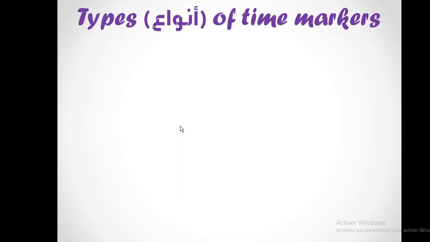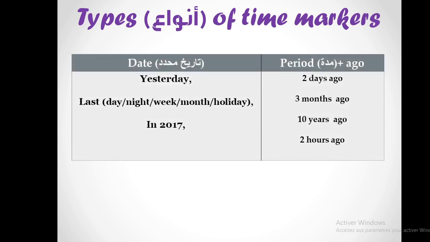Type of time markers. So generally we have two types of time markers. The first is a date, like yesterday, last night, last week, last month, last holiday, or in 2017, etc. The second type is a period, plus ago, like 2 days ago, 3 months ago, 10 years ago, 2 hours ago.